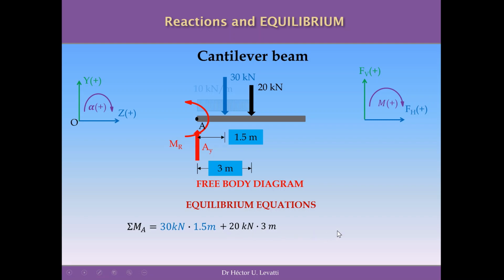Again, positive because it's clockwise. And this is different from the simply supported beam. Now we have a reaction as a moment, and this reaction is negative, and this is the reason why you have this minus here, minus the reaction we don't know yet. All this equation has to be equal to 0.